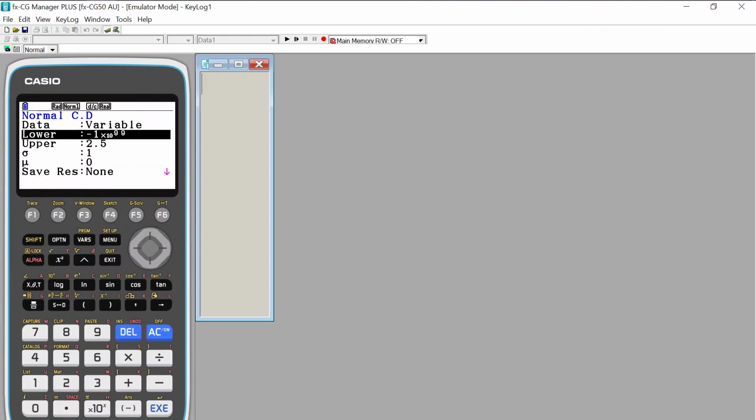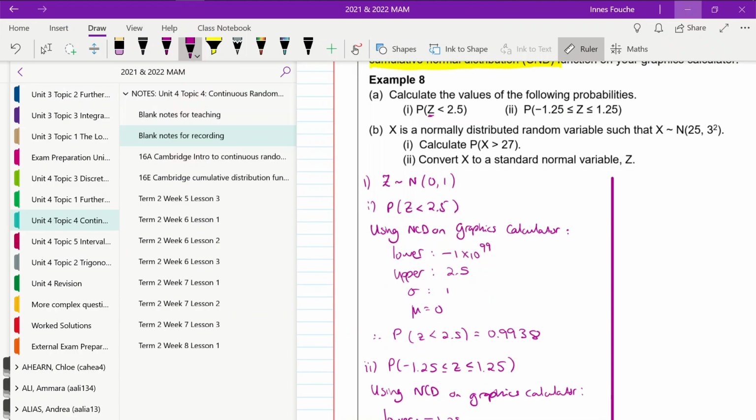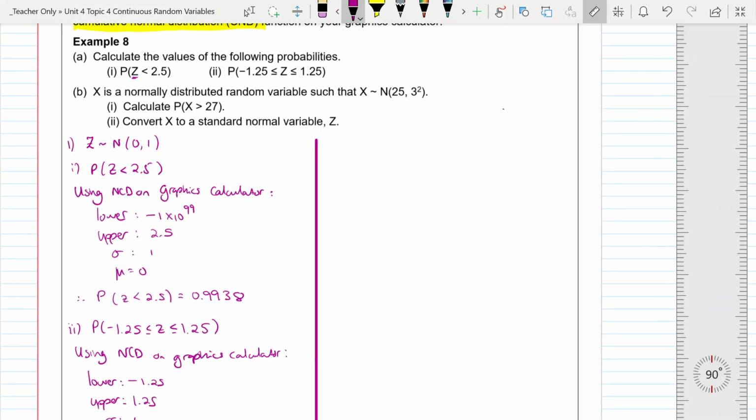We now have negative 1.25 and positive 1.25. We still got sigma and mu as they were. And we have 0.7887. So our probability of Z being between negative 1.25 and 1.25 is 0.7887.